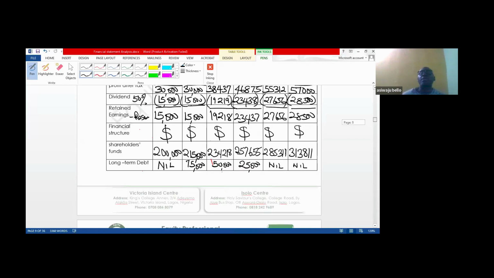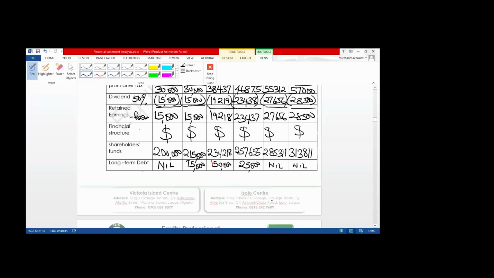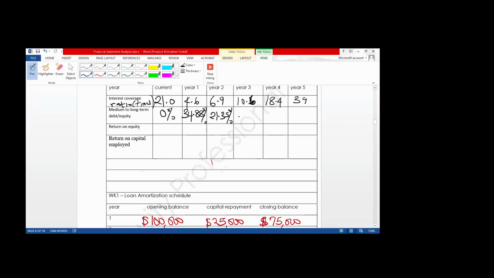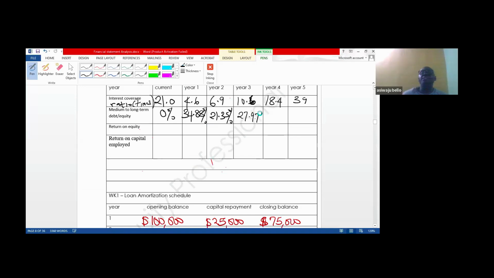Year 3: 25,000 debt divided by 257,655. That is 9.70%, or 9.7%.